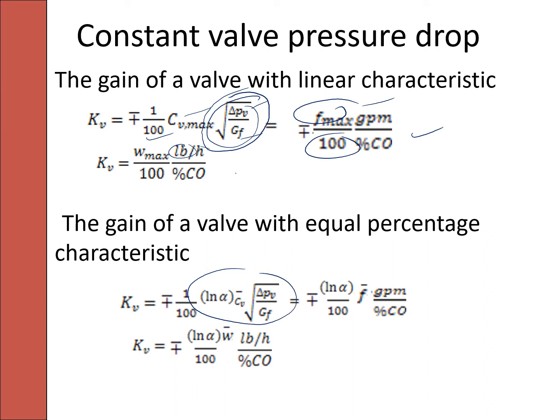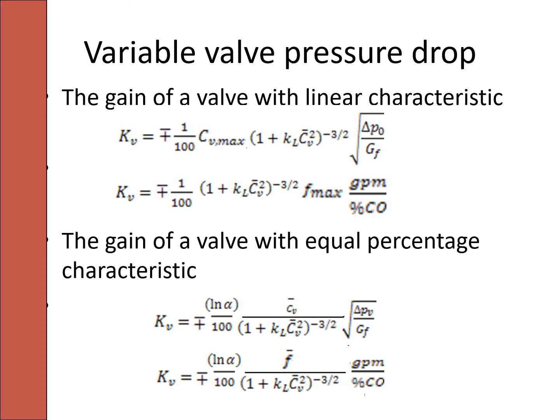The last equation would be negative or plus ln alpha over 100 times the flow. You can also use this formula, which is negative or plus ln alpha W bar over 100. It depends on the information given inside your question.